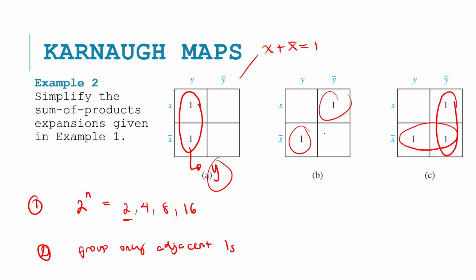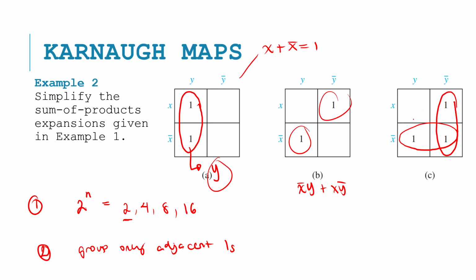For letter B, since there are no adjacent ones, the sum x prime y plus x y prime is its simplest form already. Now here we'll go back to this again.